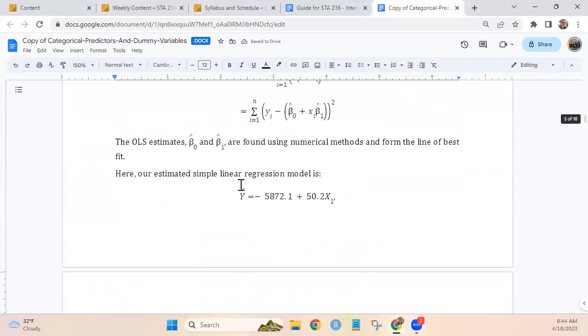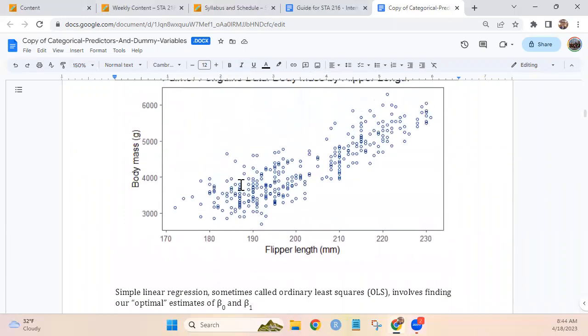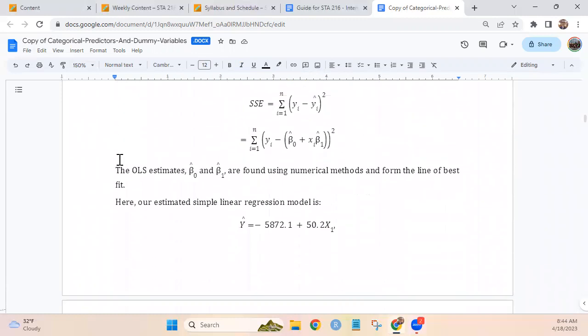So here, we're modeling the body mass of the penguins using their flipper lengths.